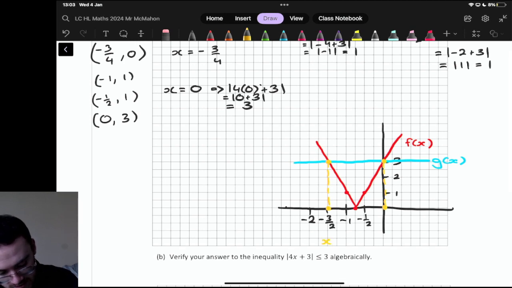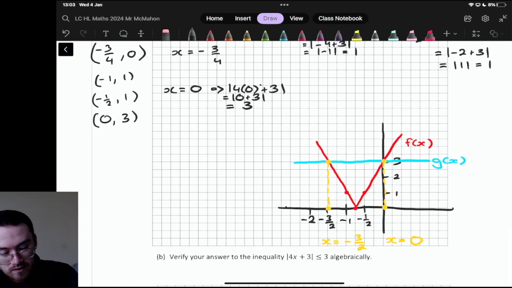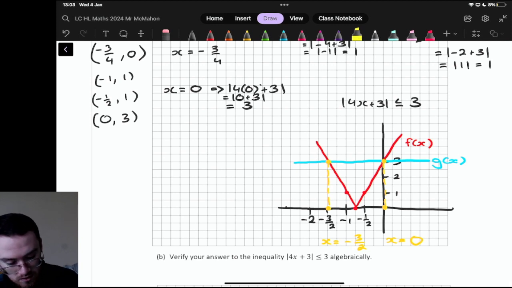So it's when x is equal to minus 3 over 2, and when x is equal to 0. And we've been asked to find where the modulus of 4x plus 3 is less than or equal to 3. So that's going to be where this red graph is below the blue graph, so that's anywhere in this highlighted section here.